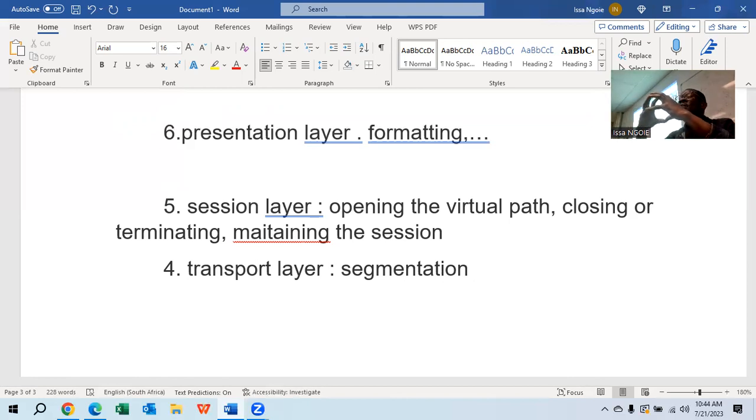Your message will be split into different segments. Are you understanding, guys? Segmentation means splitting my message into smaller segments, right? And your transport layer will do what we call flow control, or controlling the flow.